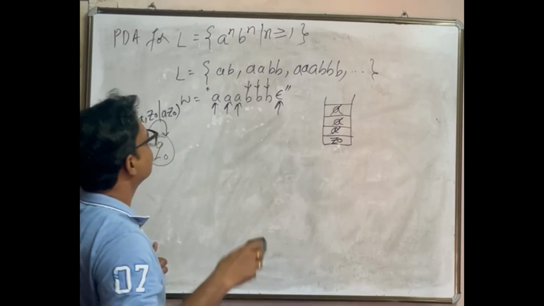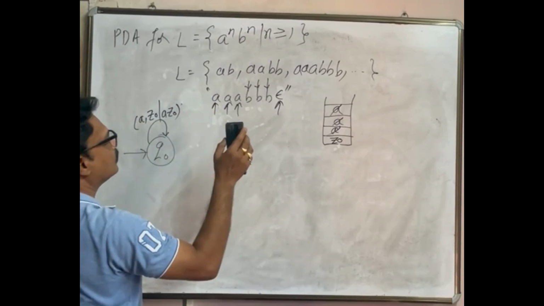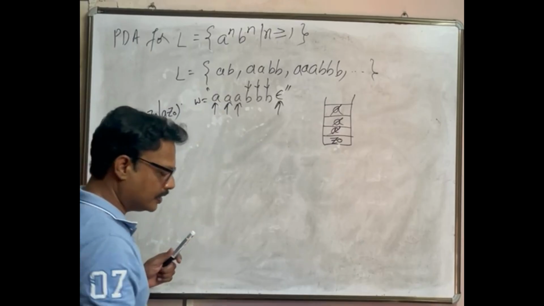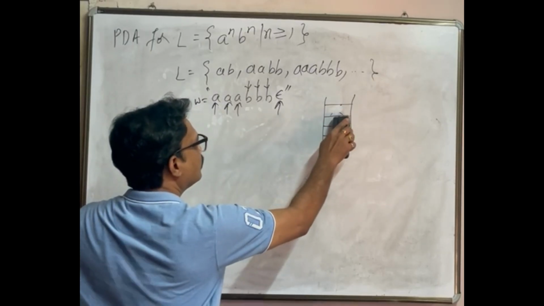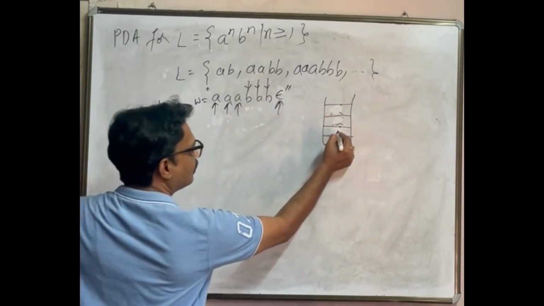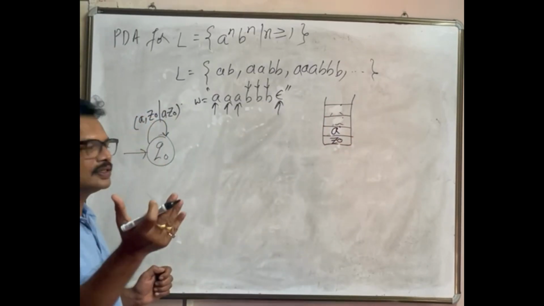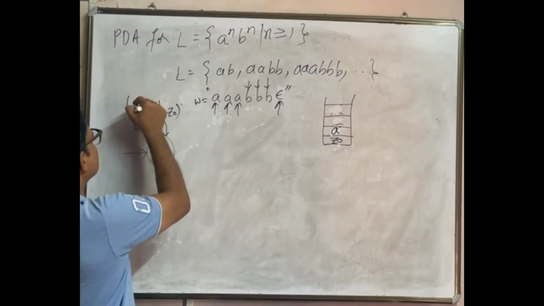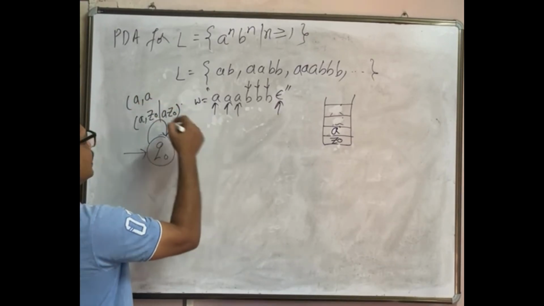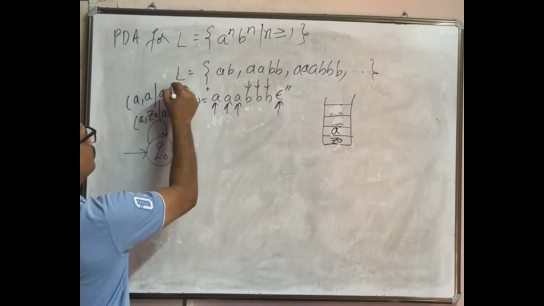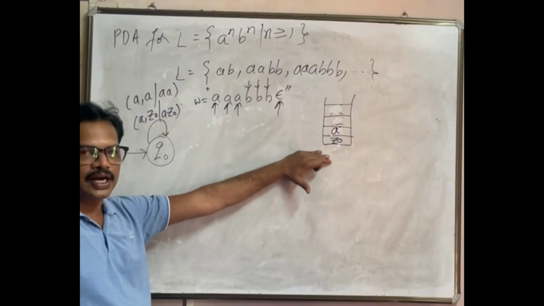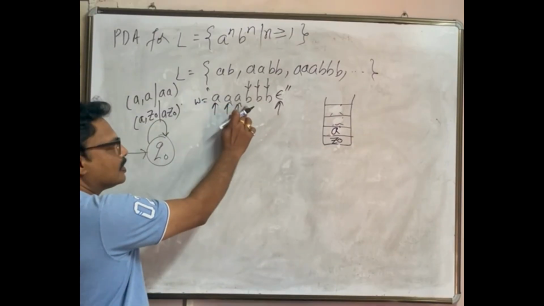So this is how things go. Initially, no symbol, Z0, and sometimes there will be A's already pushed. In that case, if it reads an A, and on the top of the stack there is an A, it pushes that onto the stack.